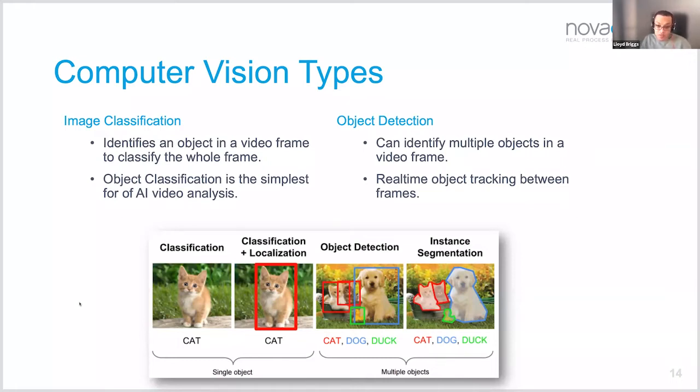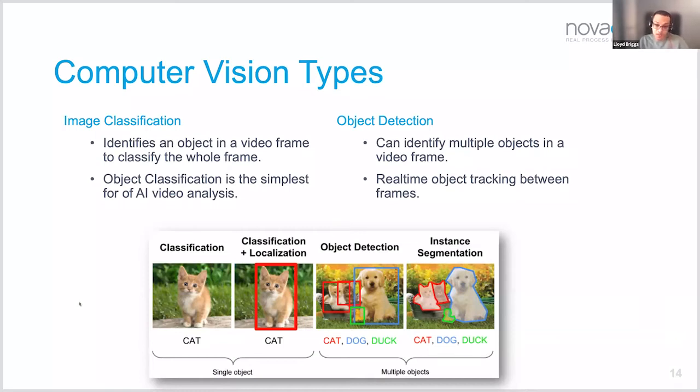So if you have an image of a cat and the model is trained to detect animals, and it sees a cat, it will say this image is of a cat. Very simplistically. It will not tell you if you've got a cat and a dog on the screen. It will not be able to track those objects as they move. It literally will just classify the image as you define in the model.